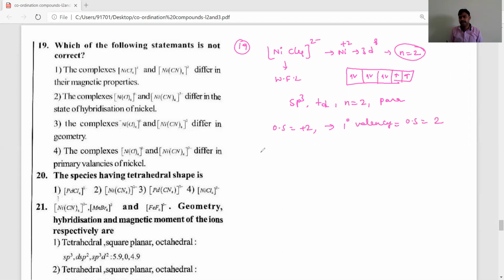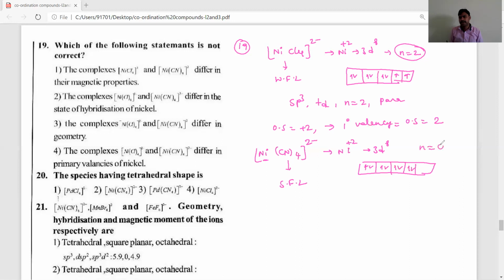Now the second complex, Ni(CN)4 2-. Nickel is the central atom, and CN is a mono-negative, strong field ligand. Electrons pair against Hund's rule. It is 3d8, but all electrons are paired, leaving an inner (n-1)d orbital vacant.